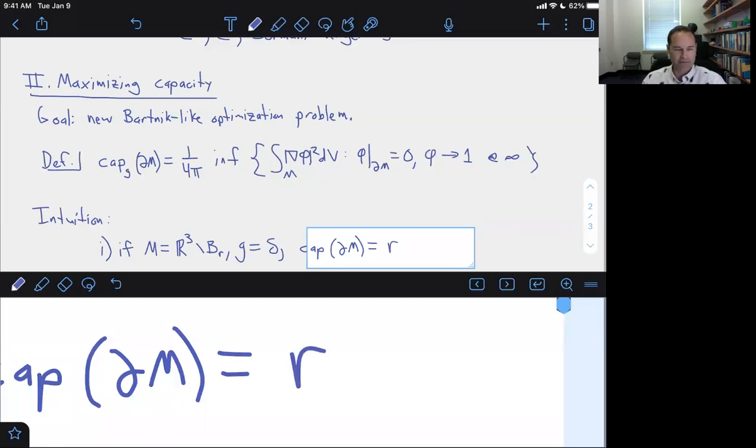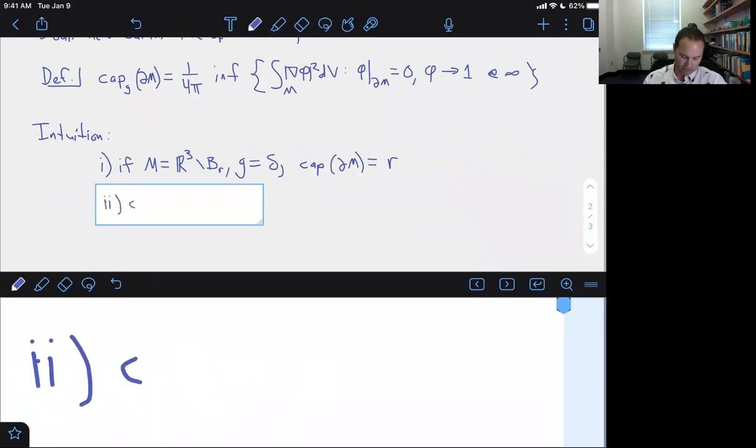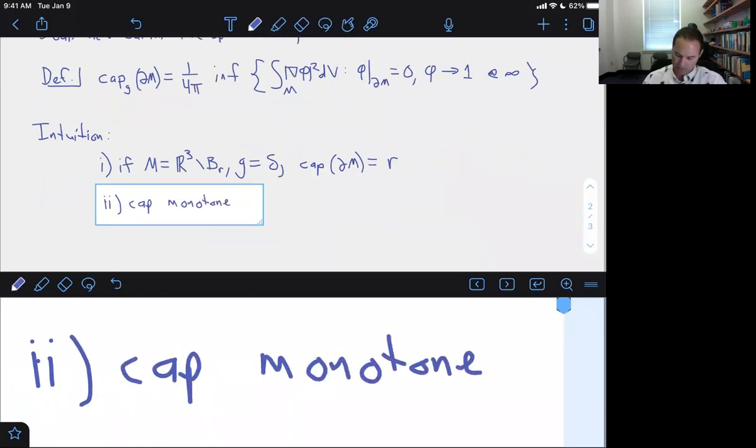Okay, so it's giving some notion of the size of a set. You could think of it like that. What else? The capacity is monotone increasing. Basically, if you have a surface and then you have a surface enclosing it, the enclosing one will generally have larger capacity. So it's getting bigger as you go out.